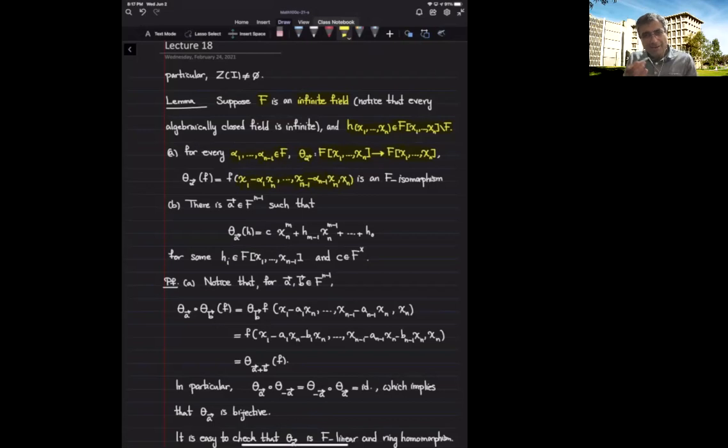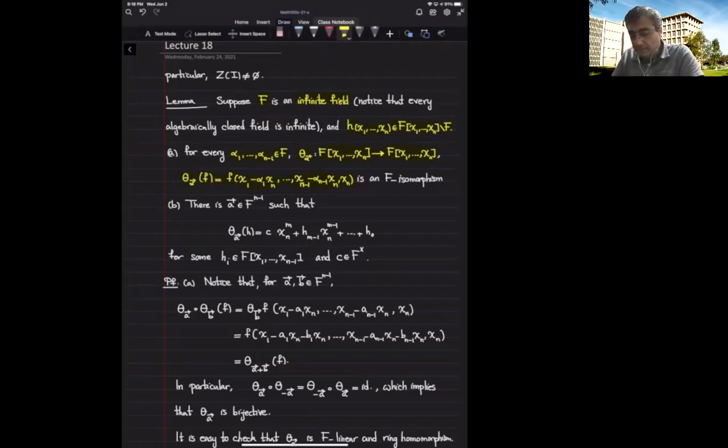So it's kind of a row reduction process here. I'm multiplying the last column by different scalars and subtracting from the first one, the second one, and so on. After that, I'm evaluating f in these new coordinates. I consider f of these new coordinates and call this theta sub alpha of f.